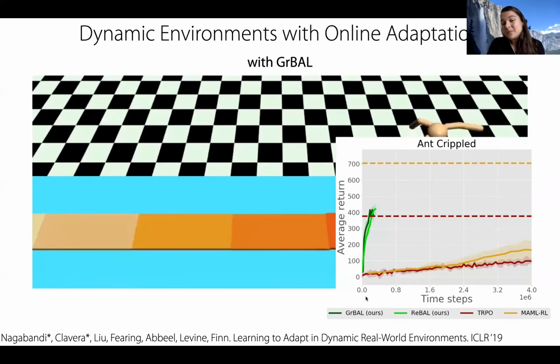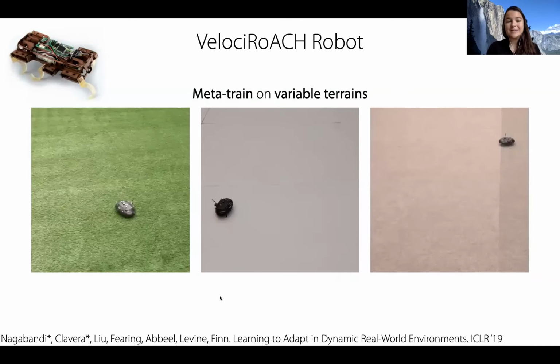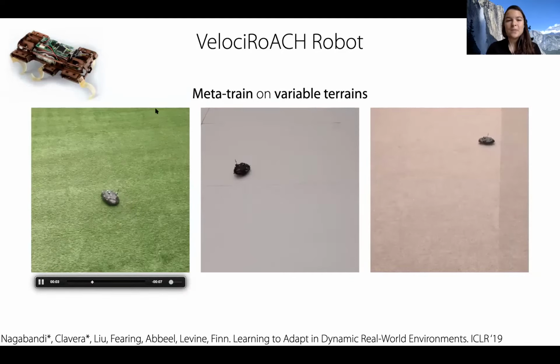And because this is a model-based approach, this means this algorithm is super efficient. The meta training process itself requires many fewer samples than model-free approaches. And this means that we can actually run this algorithm on real robots. So we collected data from different terrains on this Velociroach robot.